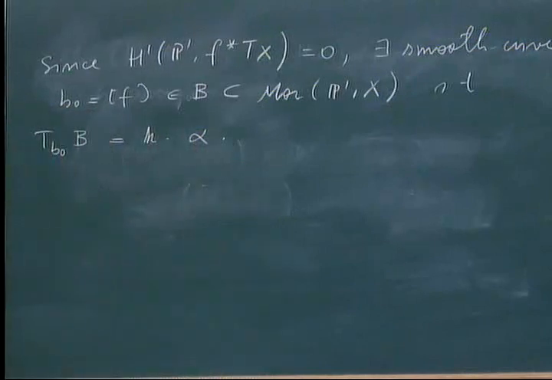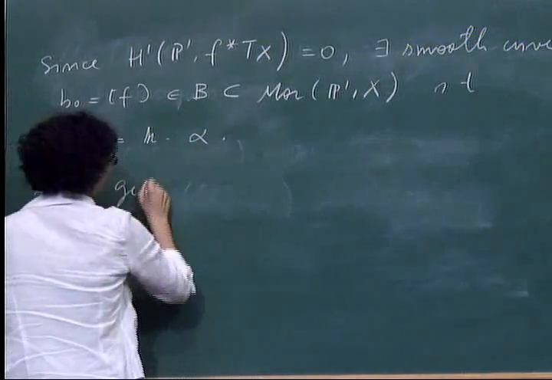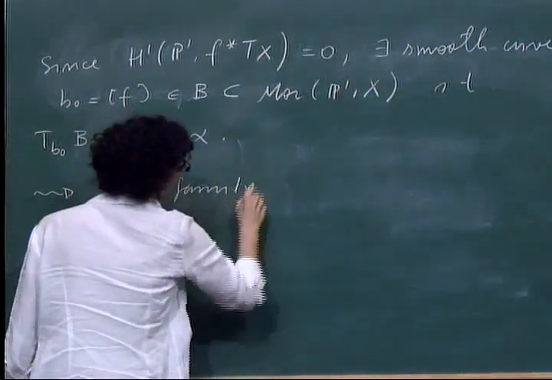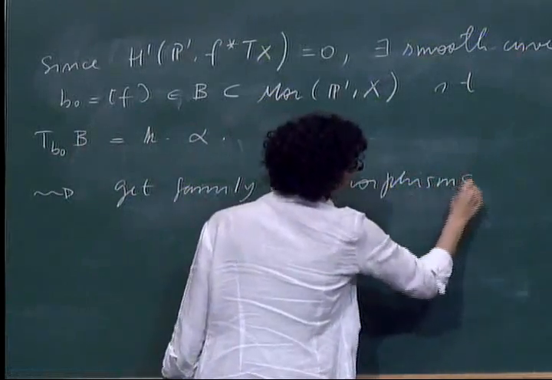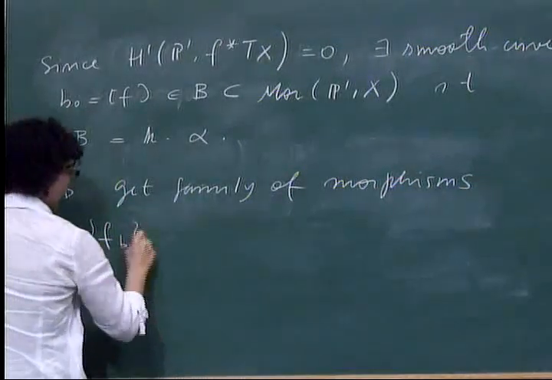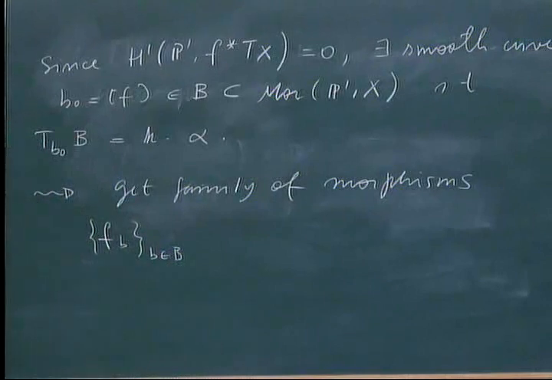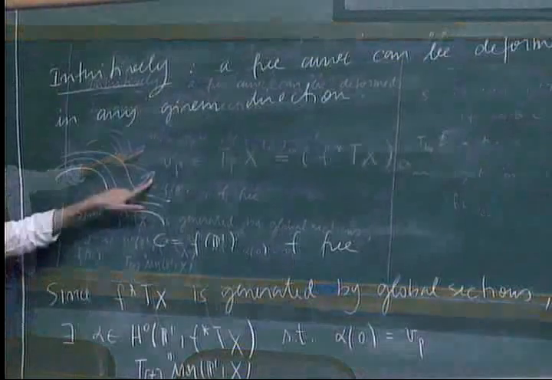So what we get here is a family of morphisms f_b parametrized by B. When you look at the image of the point 0, the tangent direction that you get is exactly v_P.